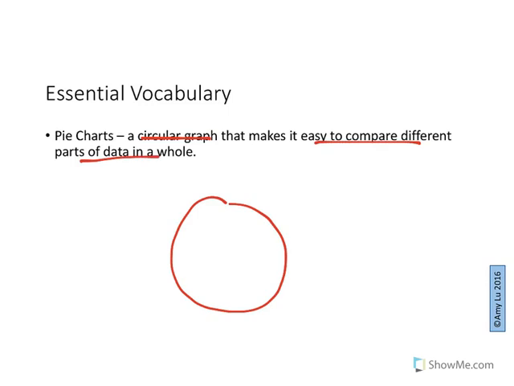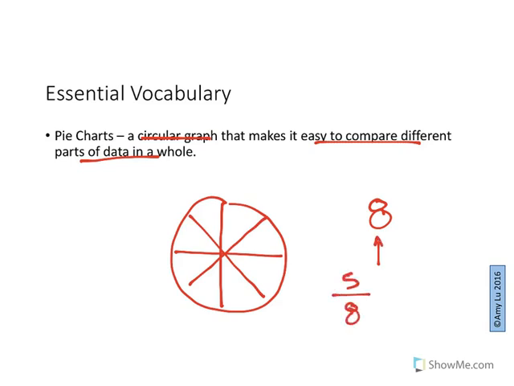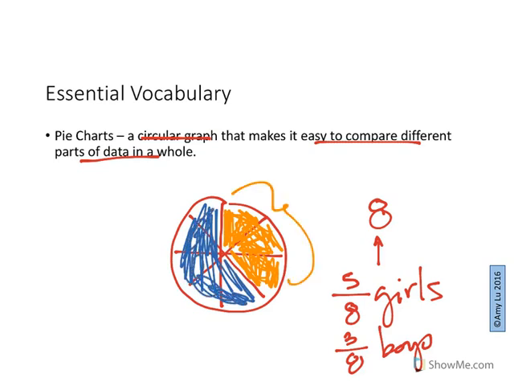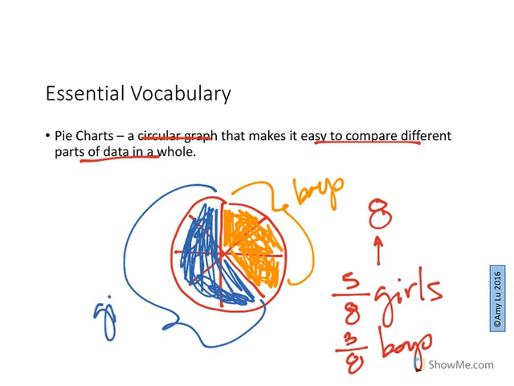So for example, if we had 8 students all together in the class and this circle was cut up into 8 pieces, and I said, well, hold on, 5 out of 8 students are girls and 3 out of 8 students are boys, then if I color in these 3 segments, I can then compare it with the other 5 pieces right here, and I would be able to tell on this pie graph that there are less boys than there are girls in the class.